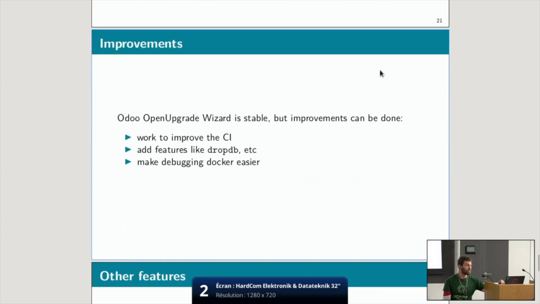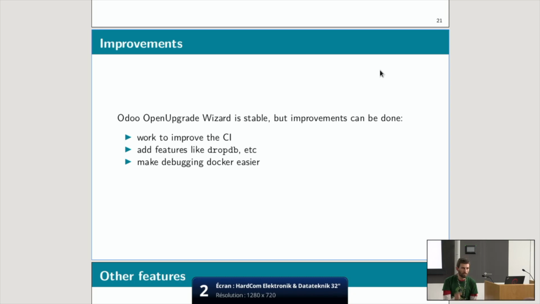And okay, so what improvements need to be done on this tool? We are working on the CI. It's a little bit complex because it runs Docker, so it needs to be improved. We need to add some more features, like a command to drop the database or other features that will help the process. And for example, make debugging Docker easier.